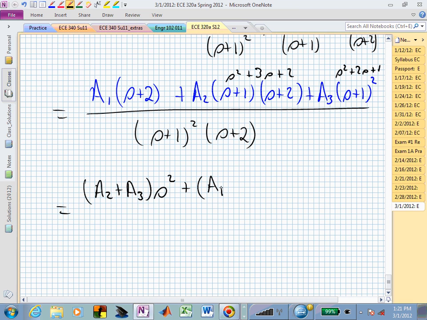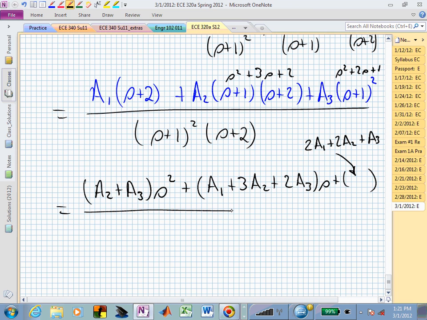We have a1 plus 3a2 plus 2a sub 3 times s, and plus, running out of room, in here we have 2a1 plus 2a2 plus a sub 3. And all of that, which we don't really worry too much about, is our denominator.